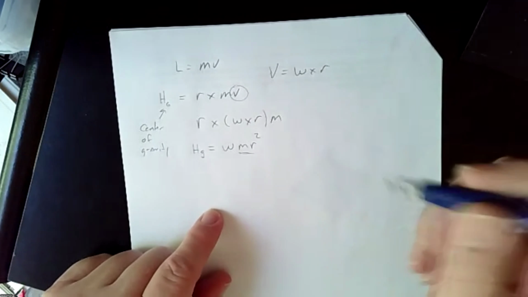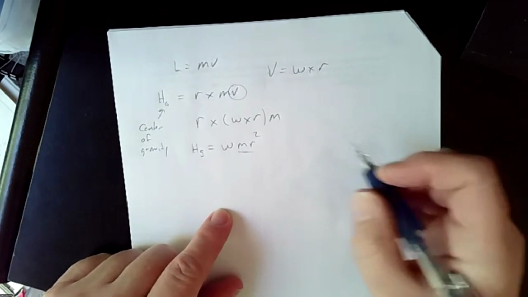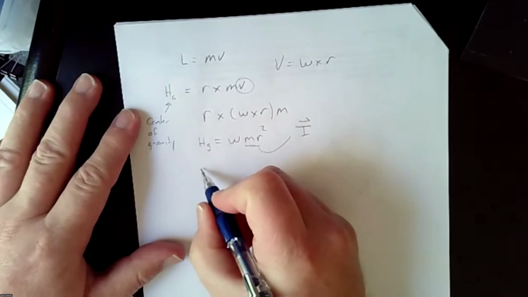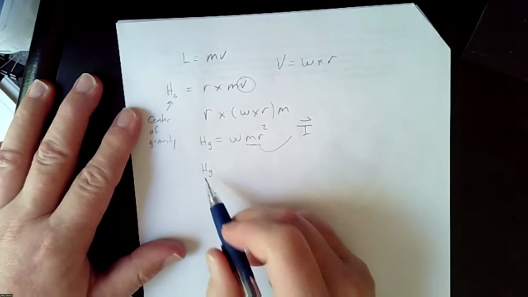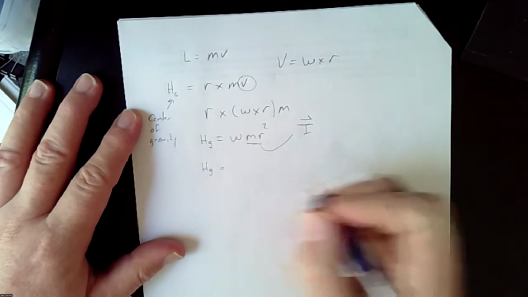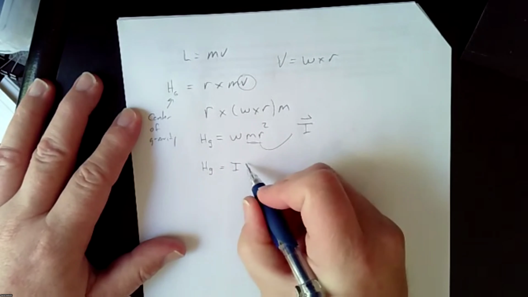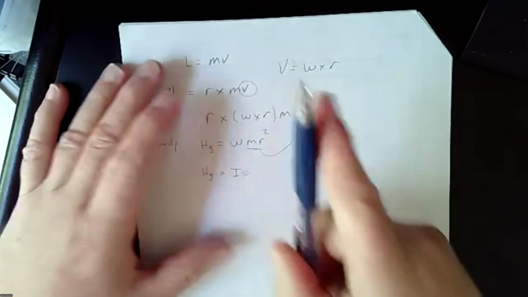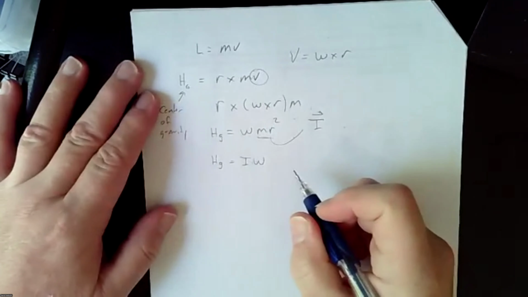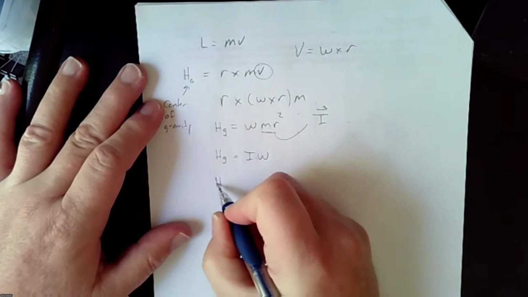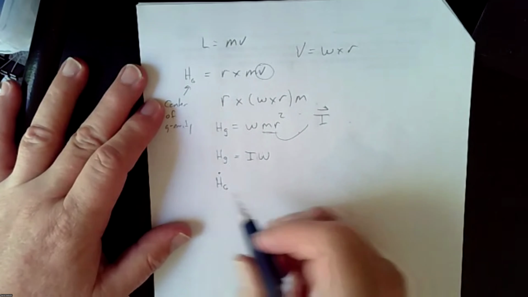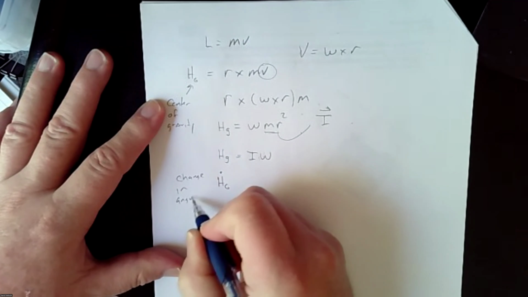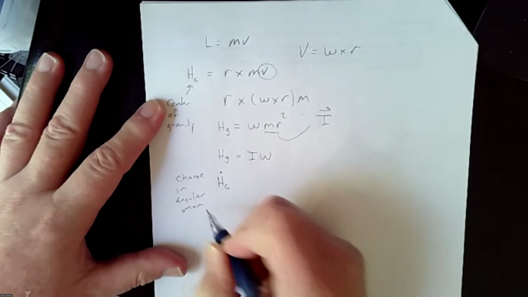So the book and the first lecture go into more detail. But so what does that equal to? Well, we know that is equivalent to I. So what it says is that the angular momentum about G can be written as I omega. Sorry, getting ahead of myself. I omega. Okay. And if we take the time derivative of that, H dot G, or the change in angular momentum, right?